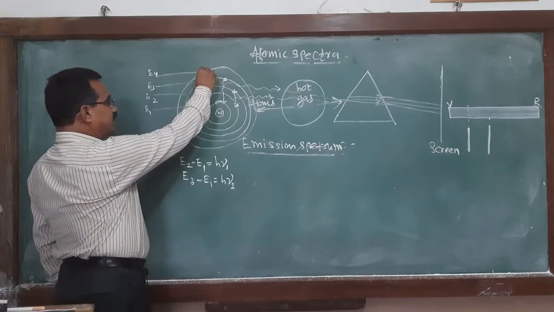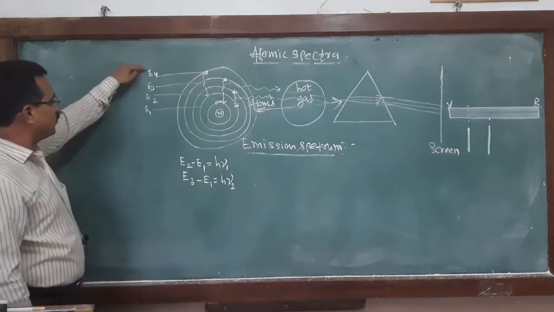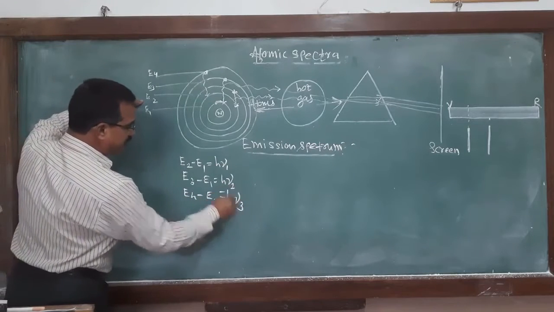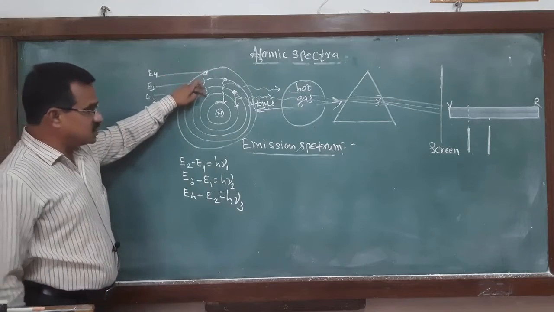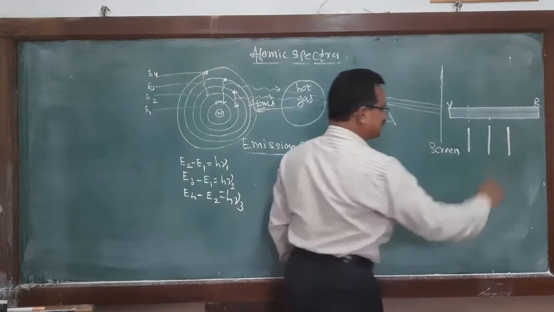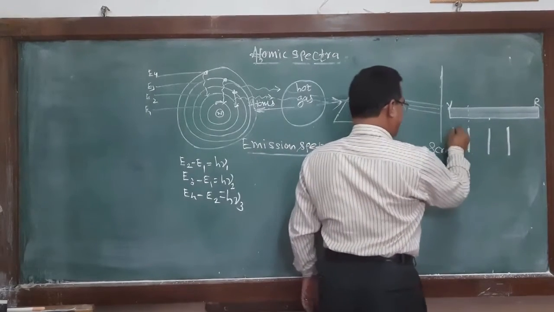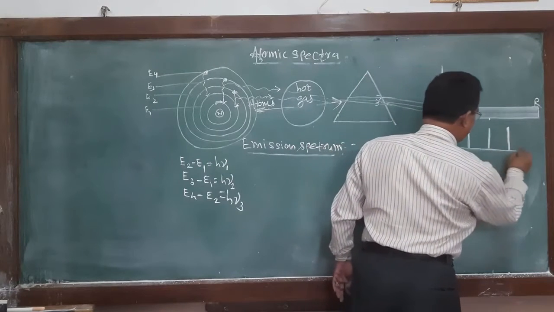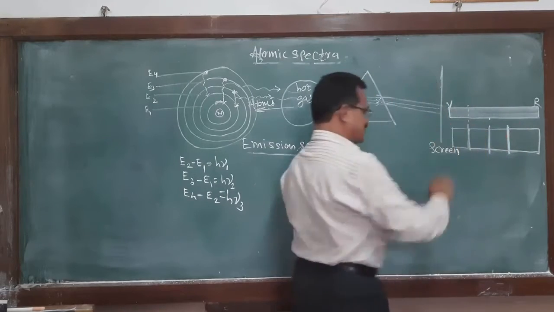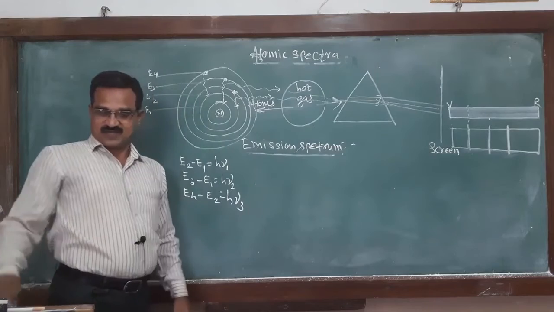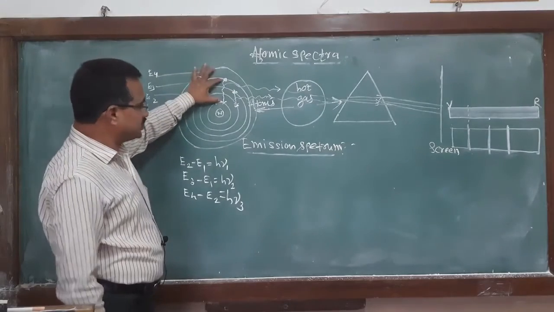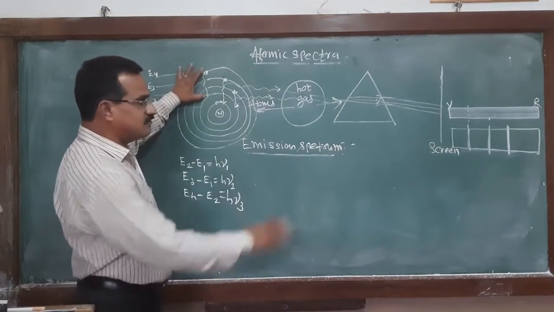In this way, if an electron jumps from E4 to E2, for this transition again we get a line. On a continuous spectrum, we get bright lines of different colors: for each transition, we get a colored line.